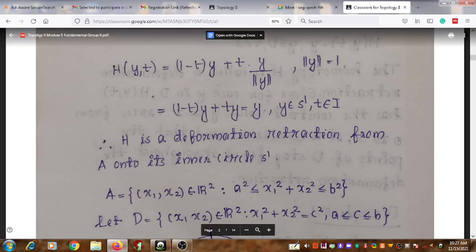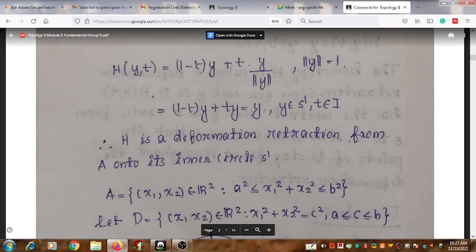For this verification we have to consider only those points which belong to S1. If y belongs to S1, then norm of y equal to 1.